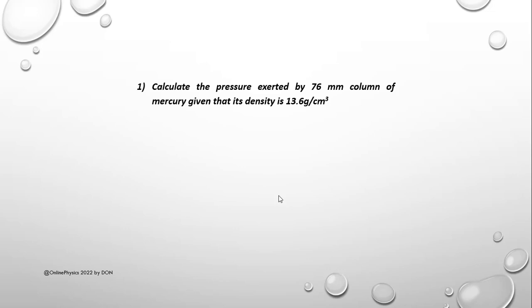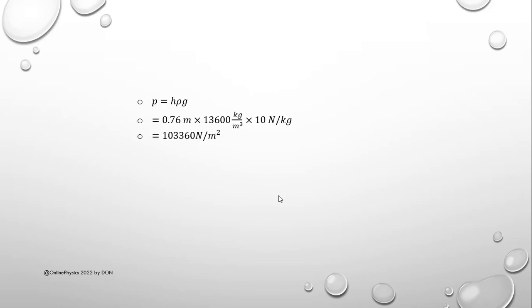So the first step, we convert all these measurements to SI unit form. In that case, we have 76 millimeters converted to meters. We divide by 1000.